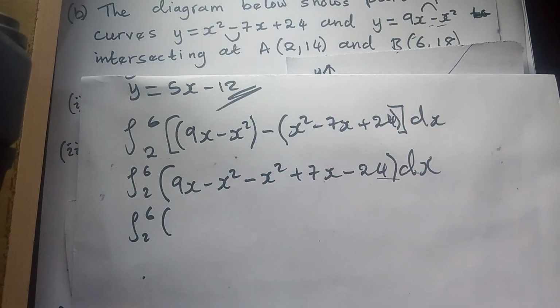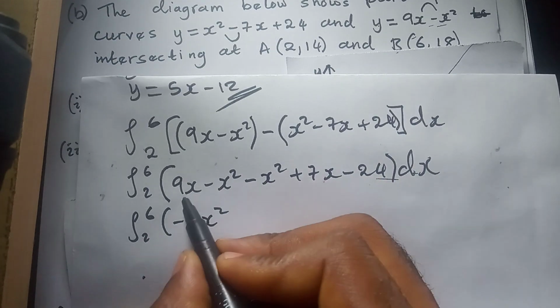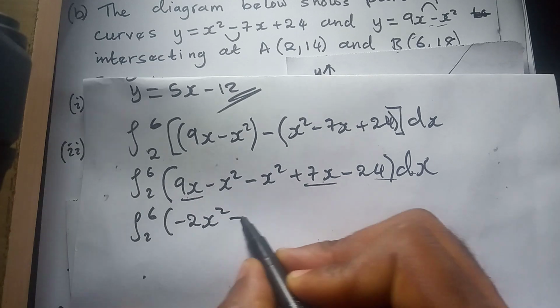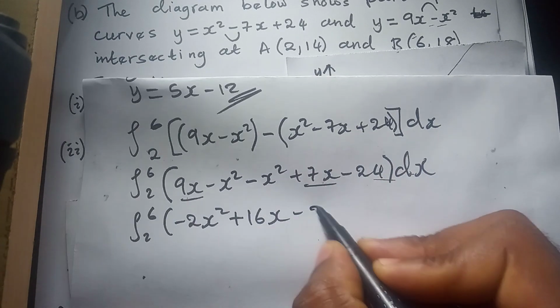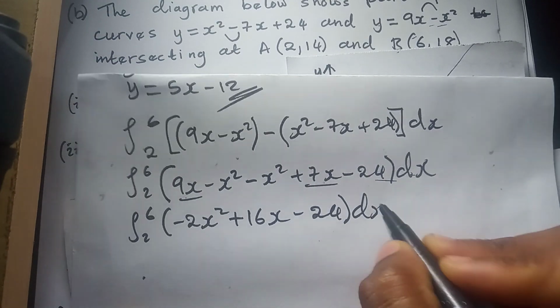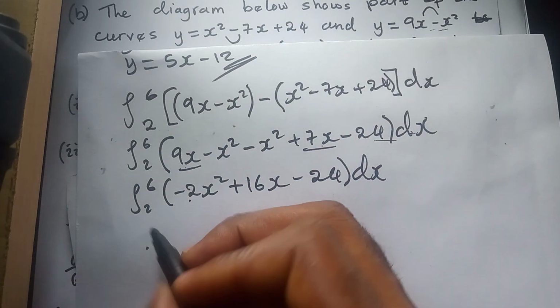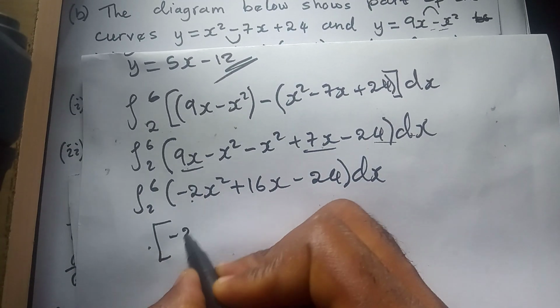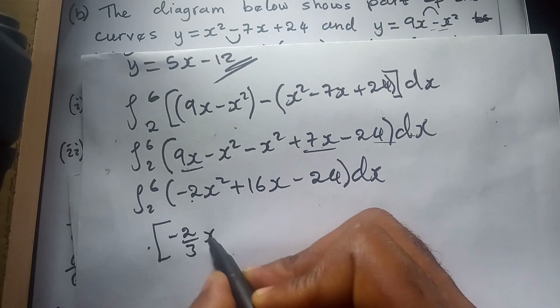So now let's simplify it. This minus this is negative 2x squared, then this plus this is positive 16x, and then 24, just 24, like that. And then when you integrate this, you get negative 2 over this plus 1 is 3.